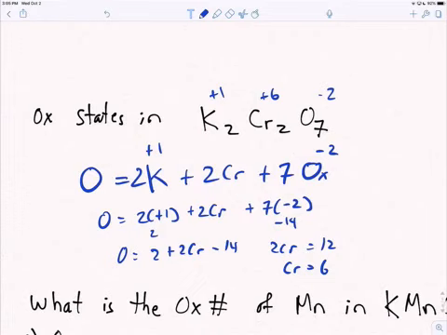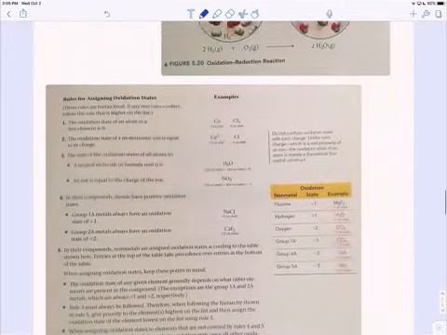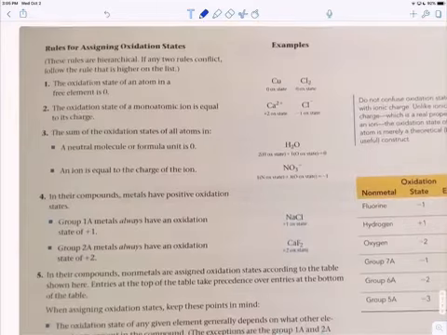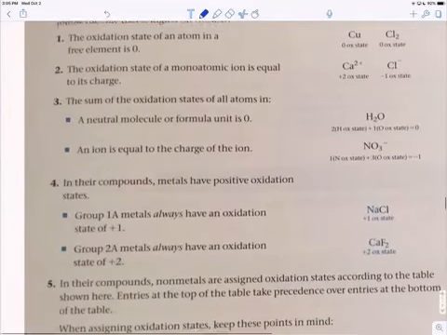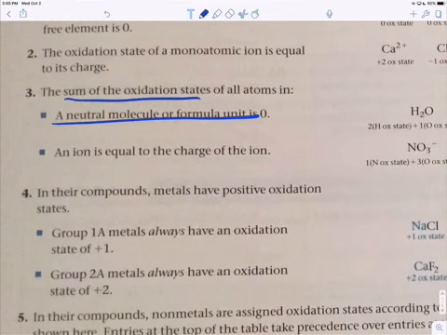Question? The reason why you didn't do the chromium thing, is that because of those rules that you showed us? Yeah. The rules are hierarchical, right? So one is more important than two. So we went to rule number 3, where a neutral molecule is 0. The sum of the states is 0. That's what we did there.